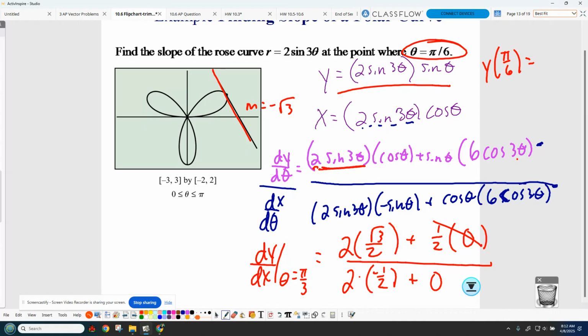No, it doesn't equal 1. Plugging in pi over 6, sine of 3 times pi over 6, sine of pi over 2 is 1, times 2 times a half. The y value at pi over 6 is 1. Don't tell me this equals 1. AP will bust you on it, it's called a linkage error. This is all of the y values. You were talking about a specific one, okay?